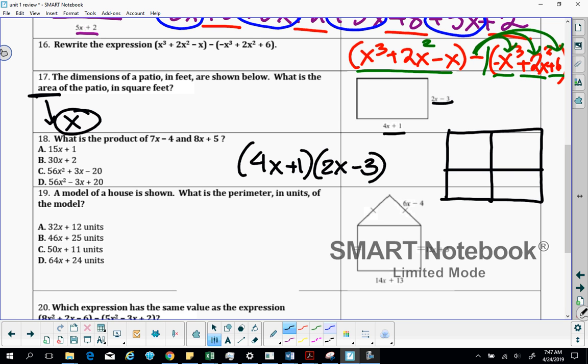So what do I put at the top of this box right here? 4x. What do I put right here? Plus 1. Angel, put it up. What about right here? Minus 3. Then I multiply.